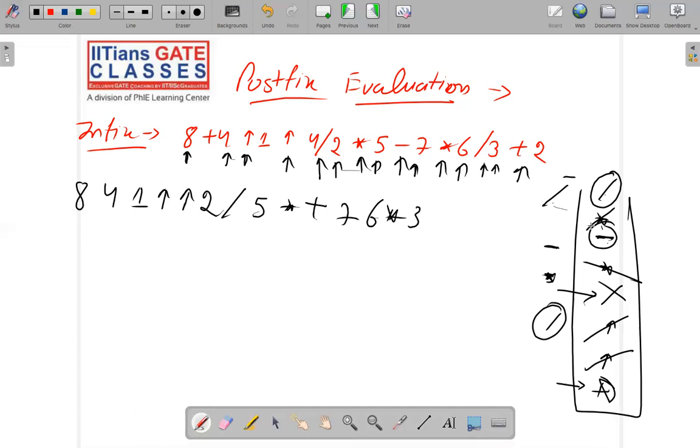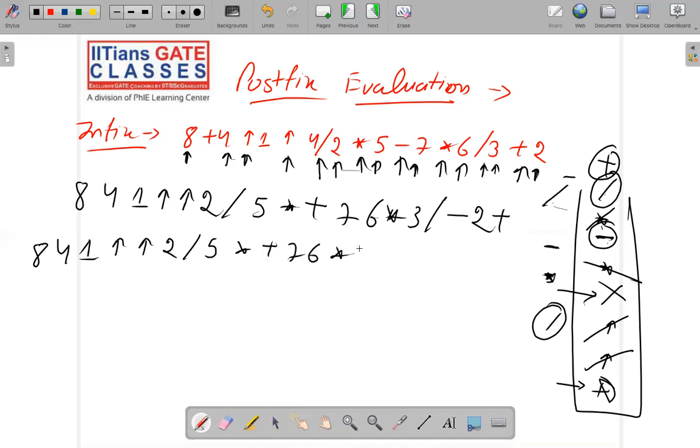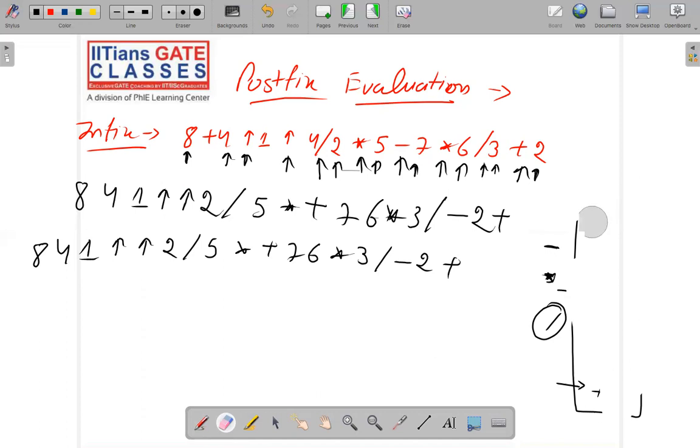It is equal priority to minus, but it is left associative, so we print divide and minus, and then we print 2, and we push plus here. Plus is the only thing left in the stack, so print plus. So our expression will look like 8, 4, 1, power, 2, divide, 5, star, plus, 7, 6, star, 3, divide, minus, 2, plus. Okay, this is our postfix expression.